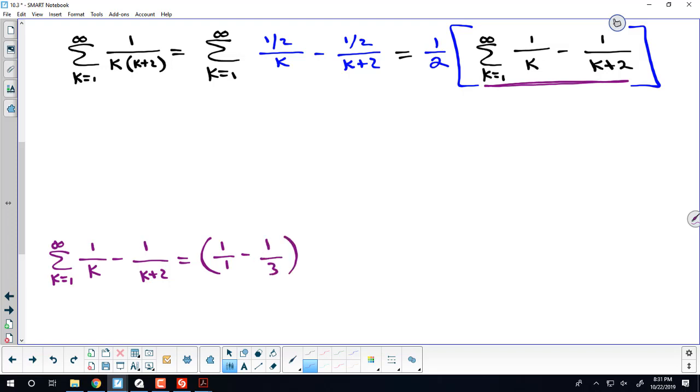So the first term is 1 minus a third. Second term is a half minus a fourth. So no cancellation, we want to keep going. Third term, 1 over 3 minus 1 over 5.